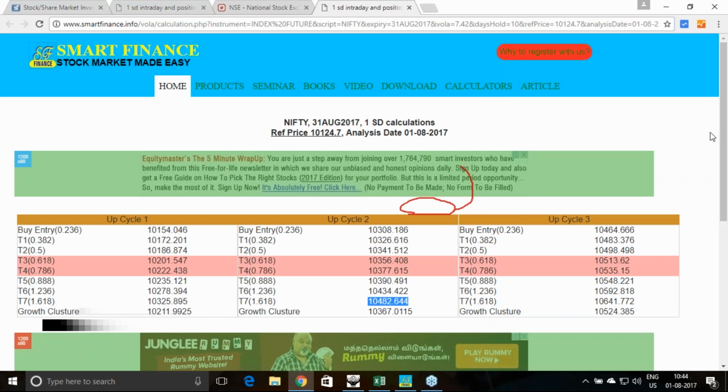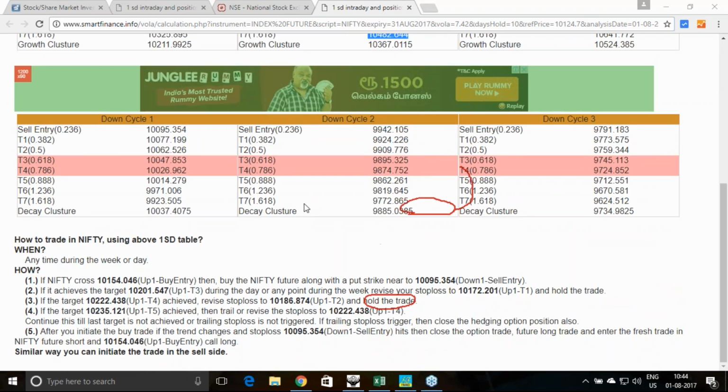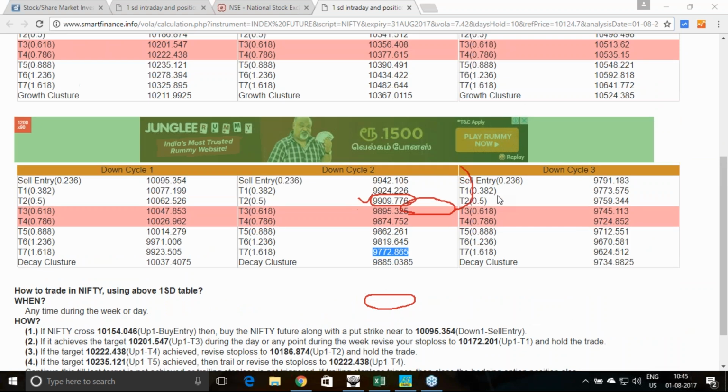So I'll be waiting for this 10,482 level to book the profit, or I can wait for the downward cycle here. For the second cycle, my downward cycle is 9,773. So if any of these levels comes, then I will be at a profit.